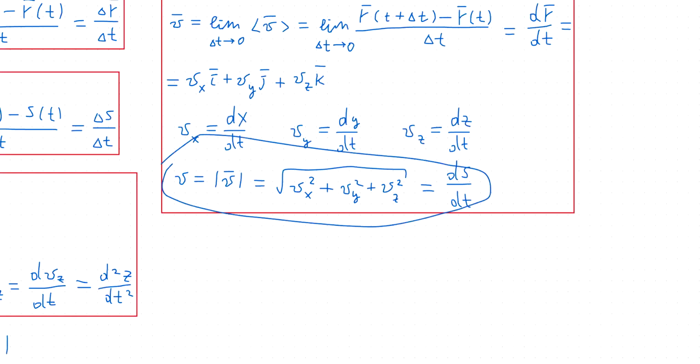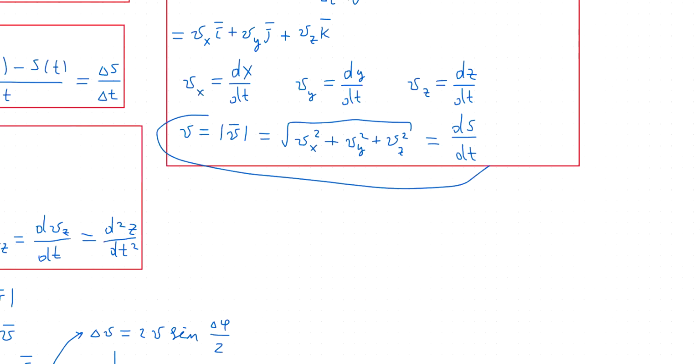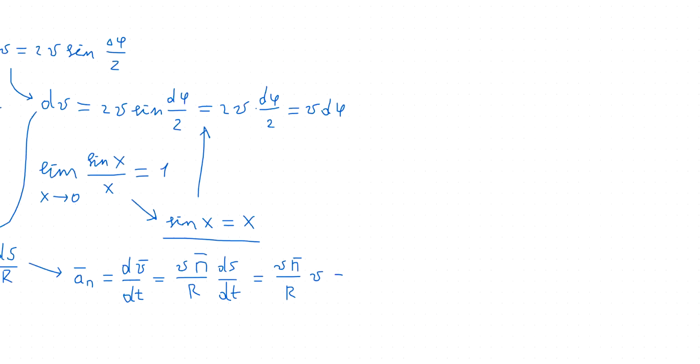We have already studied this, so we can write this as v n divided by r and multiplied by v, according to this formula above, and the final result will be v squared divided by r multiplied by normal vector n.